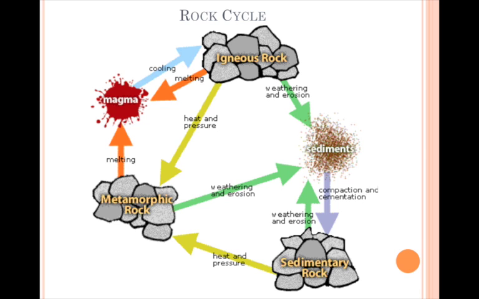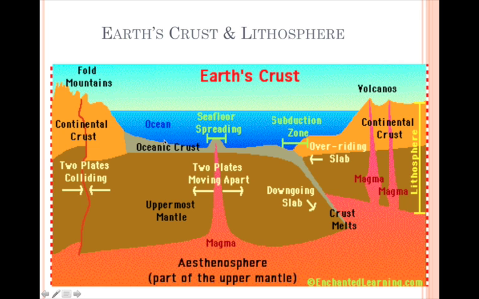Sedimentary rock can change into metamorphic rock or into igneous rock, and metamorphic rock can change into igneous or sedimentary. These types of rocks are constantly changing, and as illustrated in this diagram, you can see how the Earth is constantly changing matter through its lithosphere and then pulled down into the mantle, where the rock is again melted and turned back into magma.